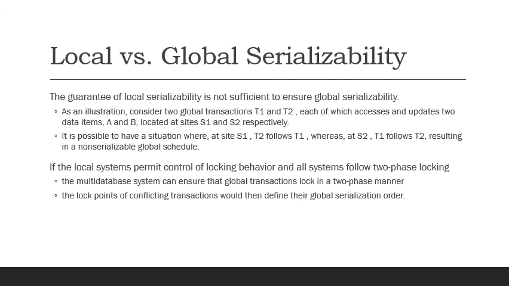It is possible to have a situation where at site S1, T2 follows T1, whereas at S2, T1 follows T2, resulting in a non-serializable global schedule. If the local system permits control of locking behavior and all systems follow two-phase locking, the multi-database system can ensure that global transactions lock in a two-phase manner. The lock points of conflicting transactions would then define their global serialization order.